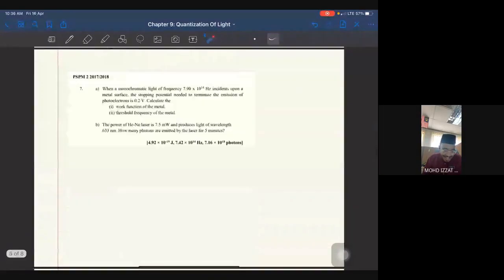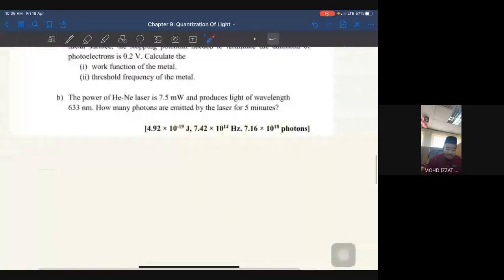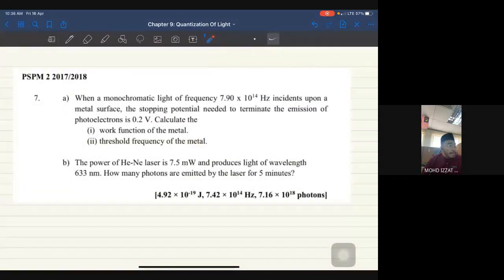Okay. We move on to question number 7. Let's read together. When a monochromatic light of frequency 7.9 times 10 to the power of 14 is incident upon a metal surface, the stopping potential needed to terminate the emission of photoelectrons is 0.2 volt.